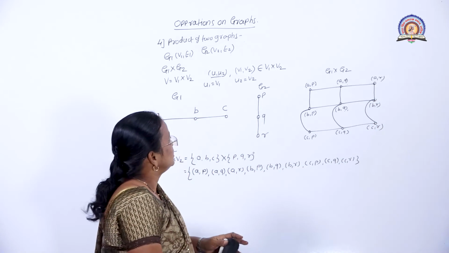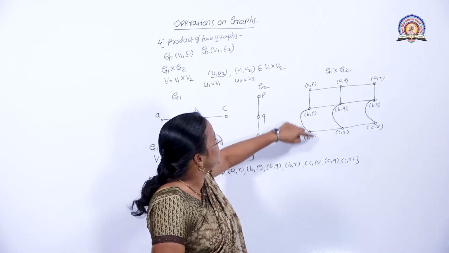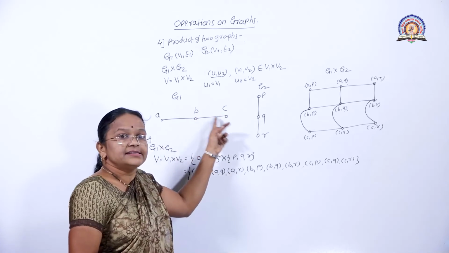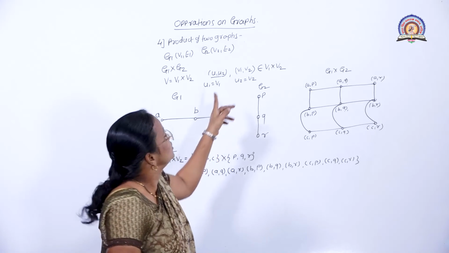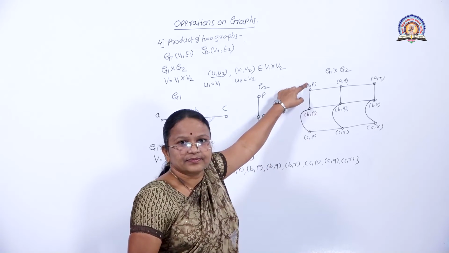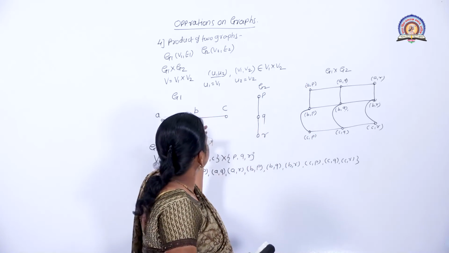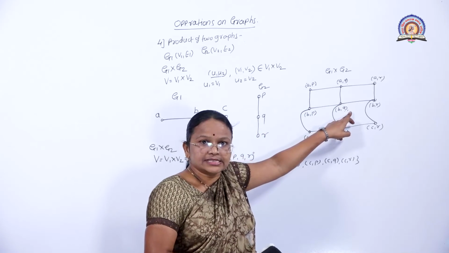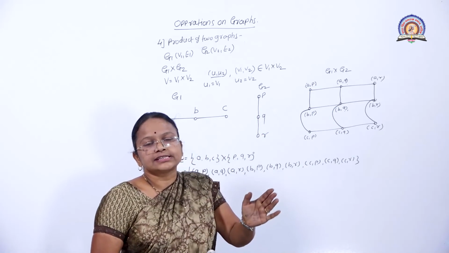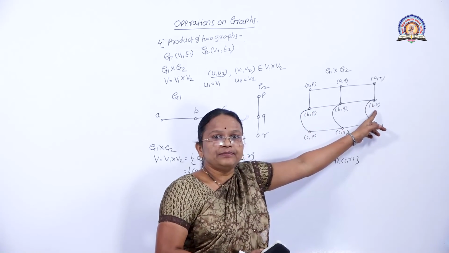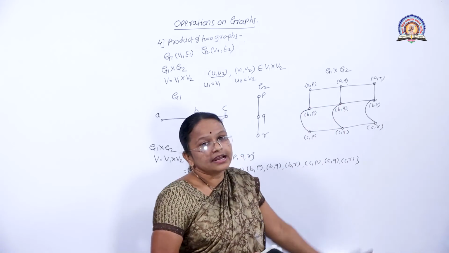Now again, P is fixed. Check whether A and C are adjacent or not. A and C are not adjacent, so we cannot join that. So adjacency in both G1 and G2 is considered by keeping the first or second element fixed. In this way we can draw the product graph.